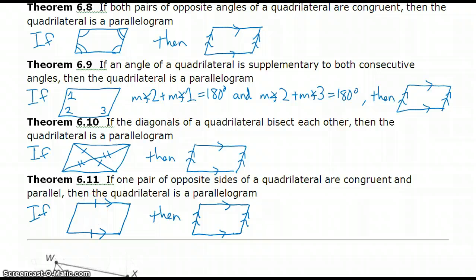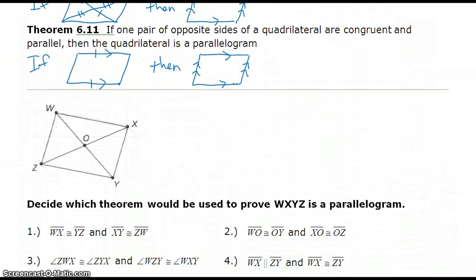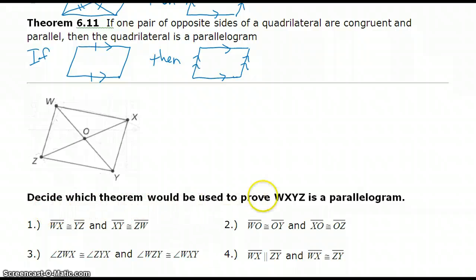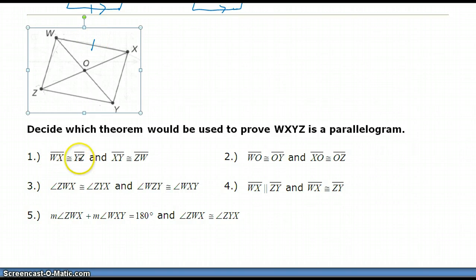Let's look at some of these theorems. Decide which theorem would be used to prove WXYZ is a parallelogram. In our first example, segment WX is congruent to segment YZ, and segment XY is congruent to segment ZW.